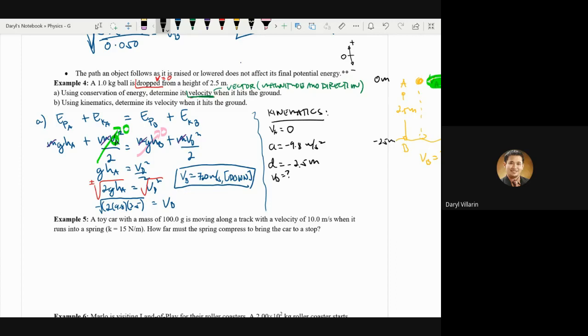So this is good enough because for the kinematic equations, if you're given at least 3, that would be enough to solve for the other 2 quantities that you need to solve.